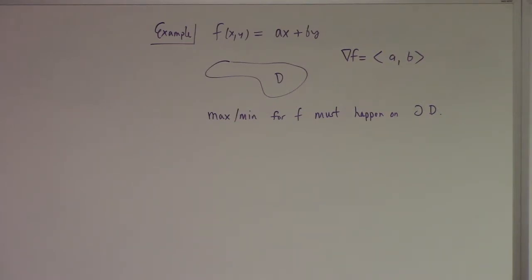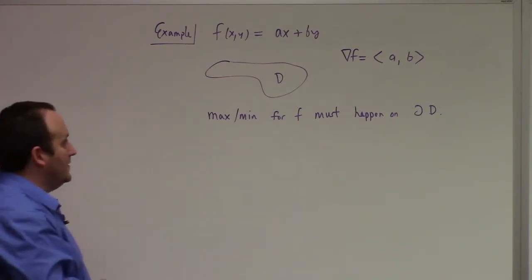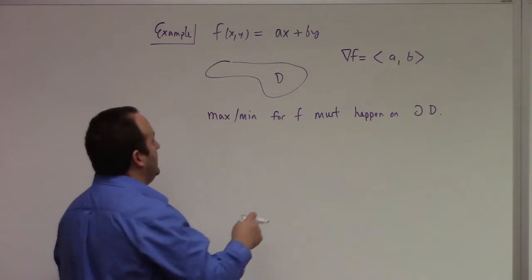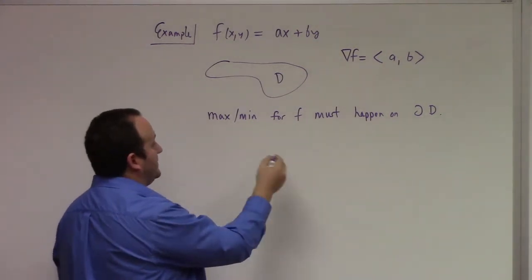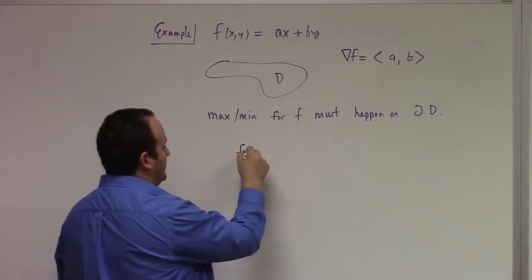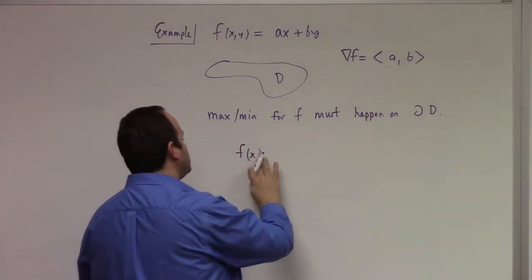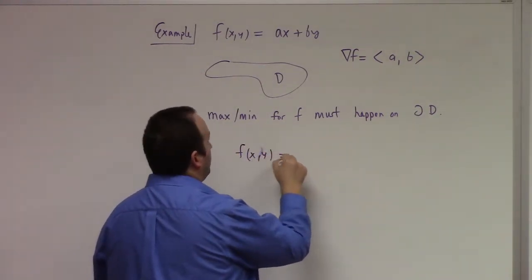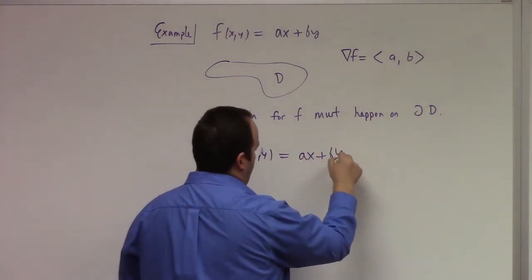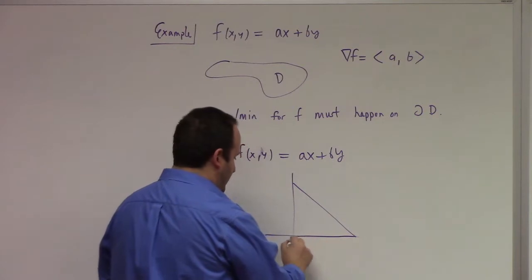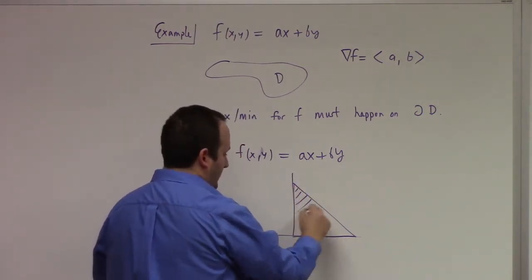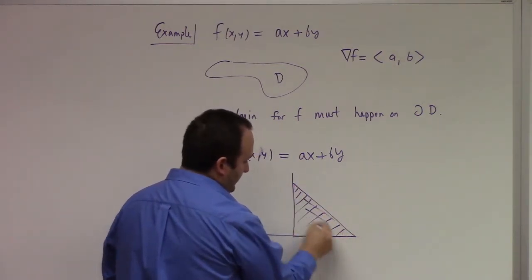So here's kind of an easy version of the problem we did last time. Something like this. And by the way, maybe you saw this in college algebra: your objective function was something of this form, and maybe you had a domain of consideration like a triangle.